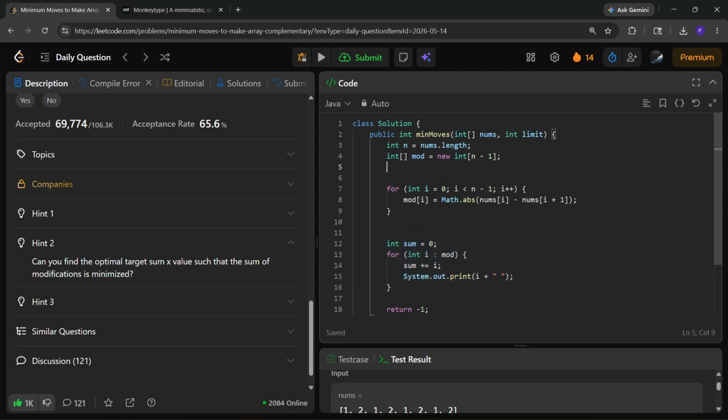So I think the mod sum is equal to 0 when mod sum plus equal to mod of 5.